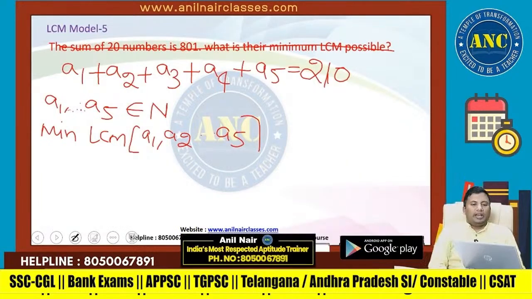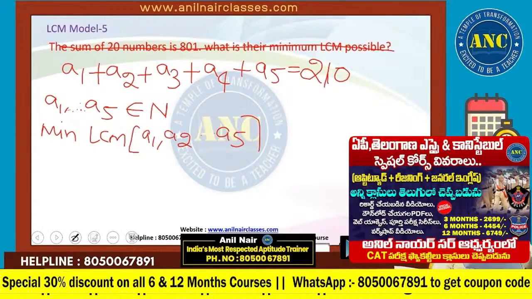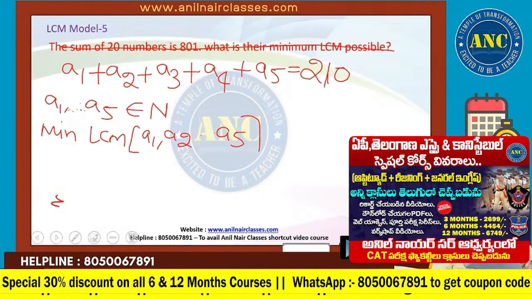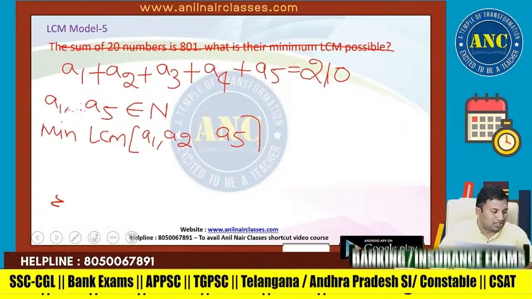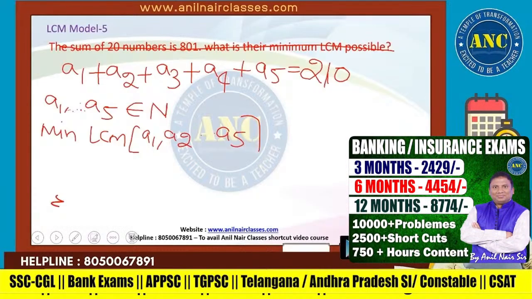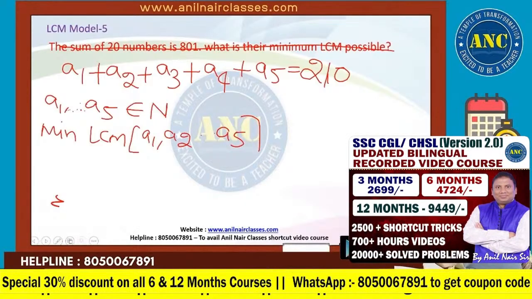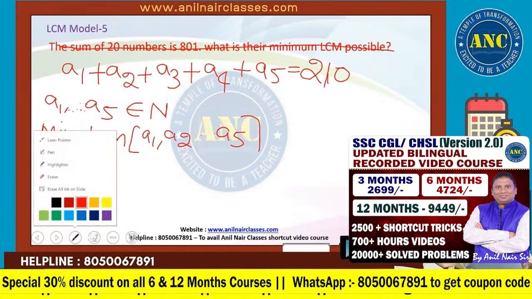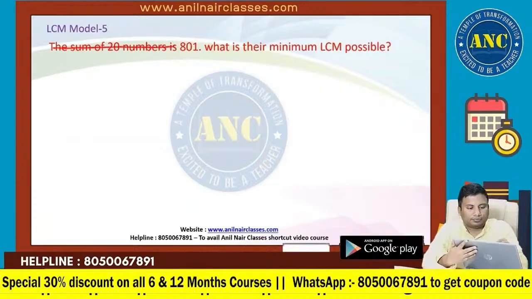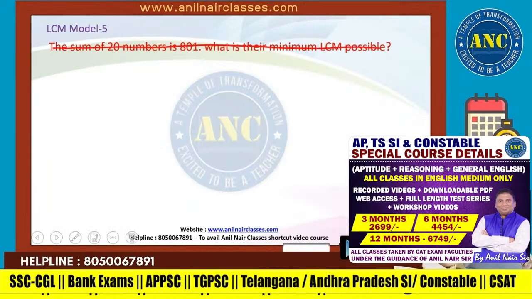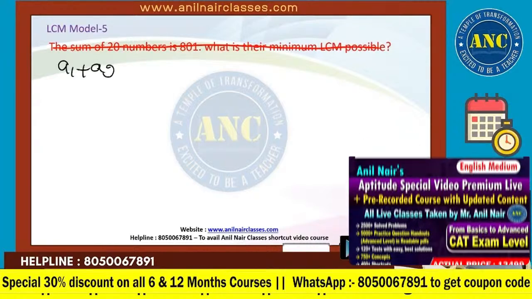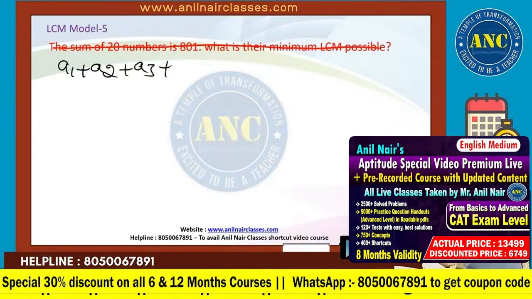The question is: A1 plus A2 plus A3 plus A4 plus A5 is equivalent to 210.